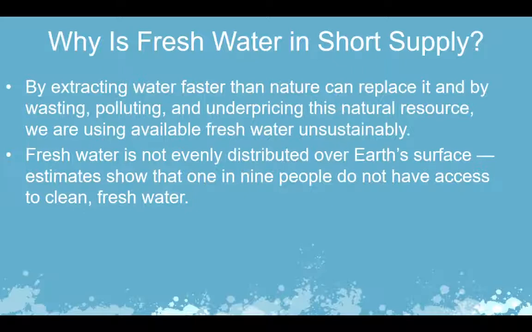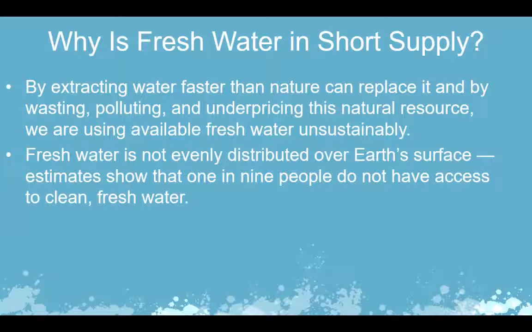I turn off the water when I brush my teeth, which is good. I let my yard go dormant in the middle of the summer, so I'm not watering it. All good, right? But there are hidden ways that we use water that lead to disparities between those who have and don't have water, as well as depleting available resources like the Colorado River that we talked about and the San Joaquin River that is in our article we're reading.